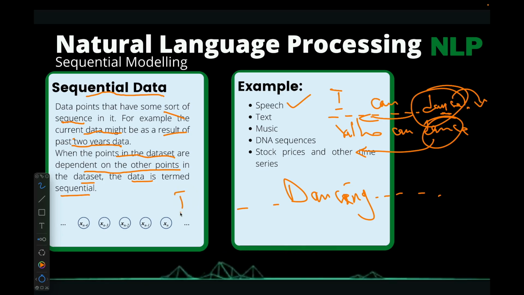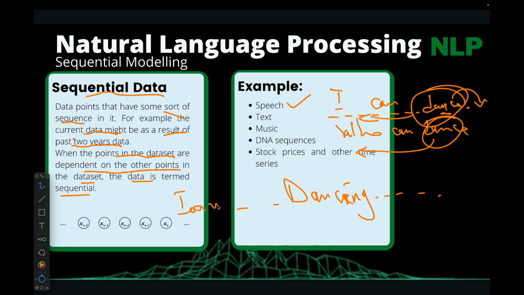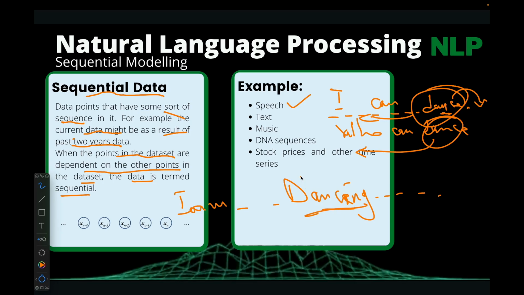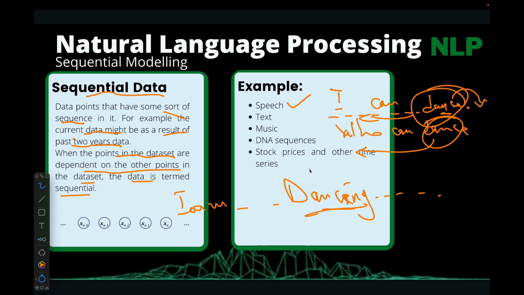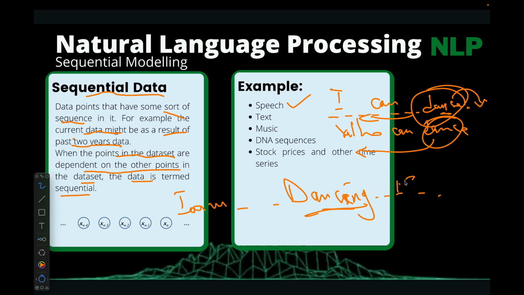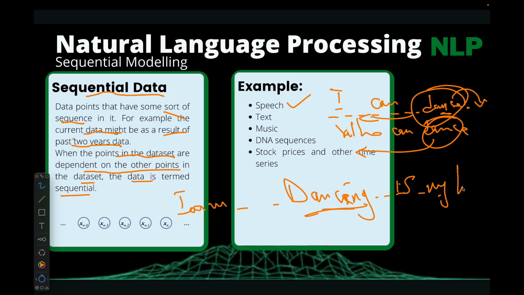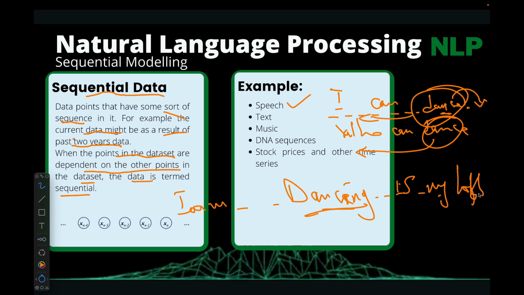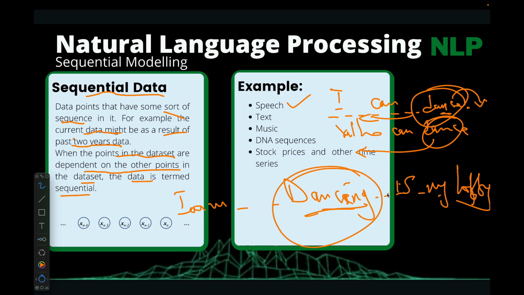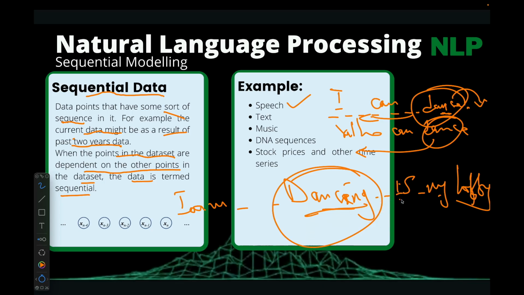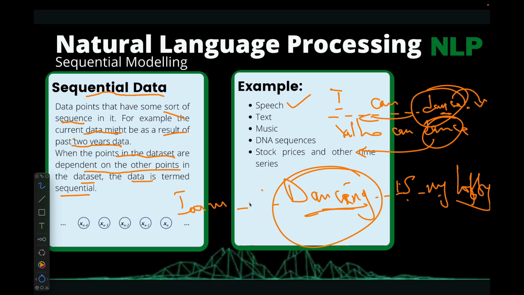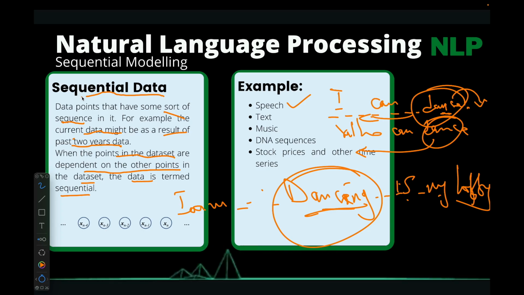If I write, I am dancing, this becomes a verb, the present continuous form of a verb. But if someone says dancing is my hobby, in that case this becomes a noun. So in order to really understand what is going on, you need to go back in time to know what the person has said. That becomes sequential data.